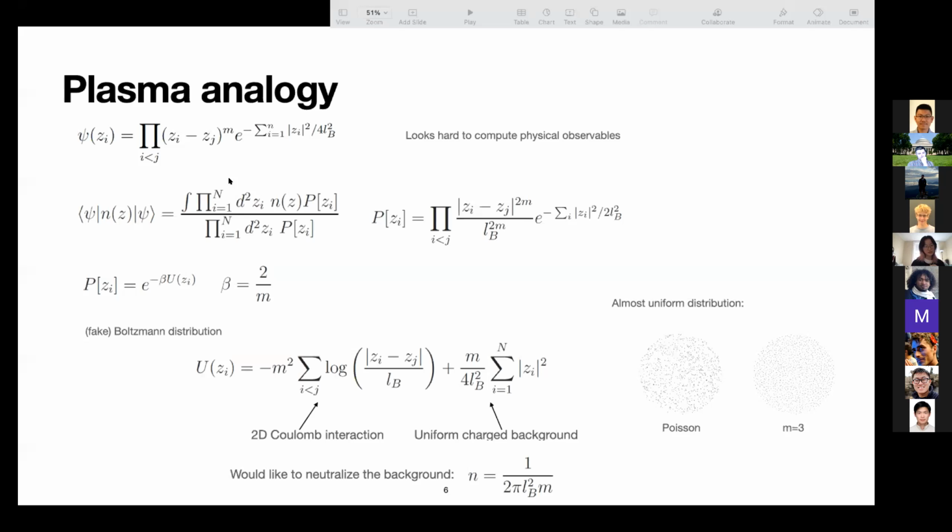Say if we want to compute the charge density at point z, then we need to compute something like this, where P is the probability distribution.